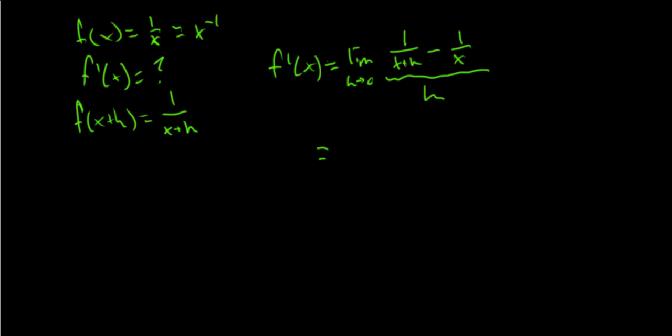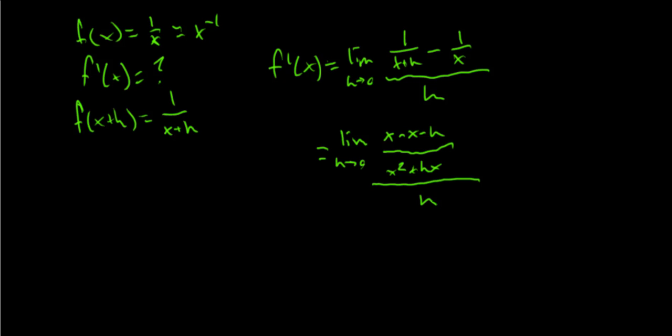And when we do that, we get the limit as h approaches 0 of, okay, numerator times the denominator of the second, that's going to be x, and then the numerator of the second times the denominator of the first, that's going to be minus x minus h, and then when we multiply both the denominators by each other, we get x squared plus hx. Nothing that you probably haven't done before if you're learning calculus.